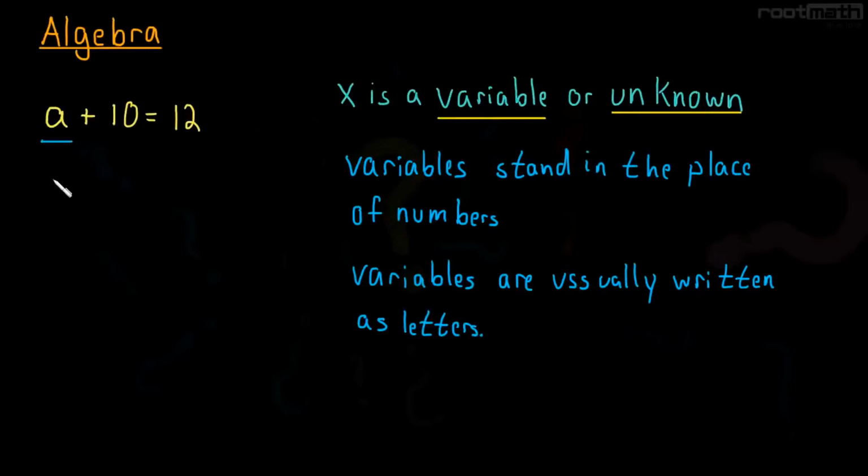Well, it's not too hard to see that if we put a 2 where a is, then we get a true equation. So a is equal to 2. A is standing in the place of the number 2. And if you really want to see that, we can write this out. 2 plus 10 certainly equals 12. So we can see that a really was just standing in the place of 2.